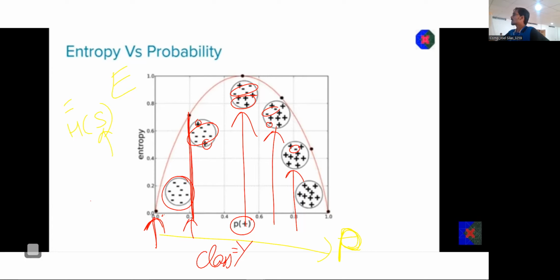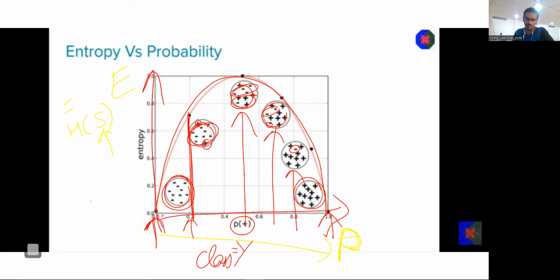And if the probability of class yes is 1, that means the total probability is of the positive class only, and the probability of class no, or negative, is 0. In this way, we are plotting the curve of the probability of one particular class versus the entropy of the dataset.